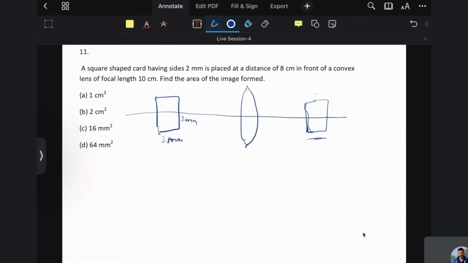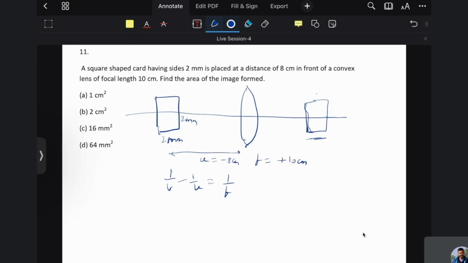So again, it's a very simple problem. Since we are given this object distance u, which is minus 8 centimeter, we can calculate the image distance by using the thin lens formula, right? And the focal length is also given, 10 centimeter.